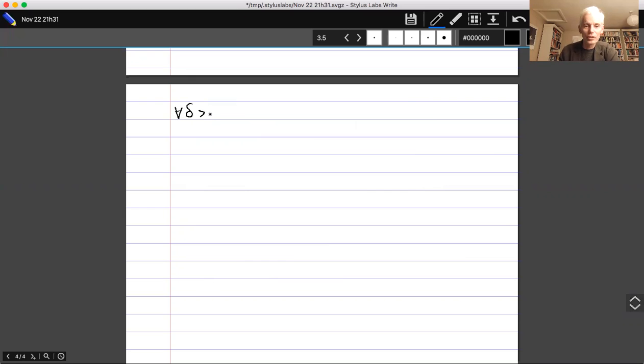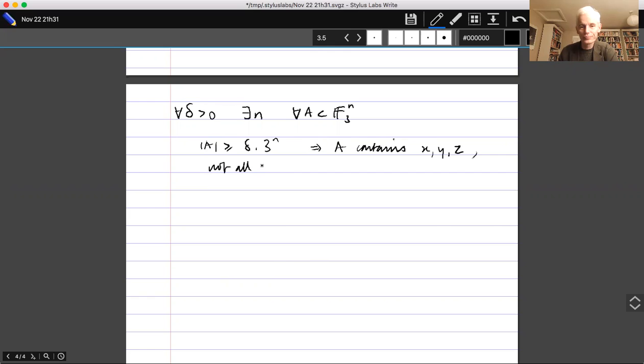The theorem says: for every delta greater than 0, there exists an n such that for every subset A of F_3^n, if the size of A is at least delta times 3^n, then A contains x, y, and z, not all equal, such that x plus y plus z equals 0.